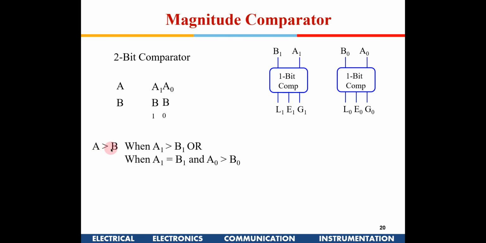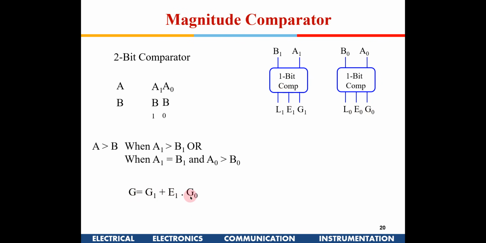Now to generate the greater than signal: if the significant bit G1 is high, that means it is greater. Or even if it is equal there, then if G0 is high, then also it is greater. So when I have 2 bits, it is G1, or if this is equal and this is greater.